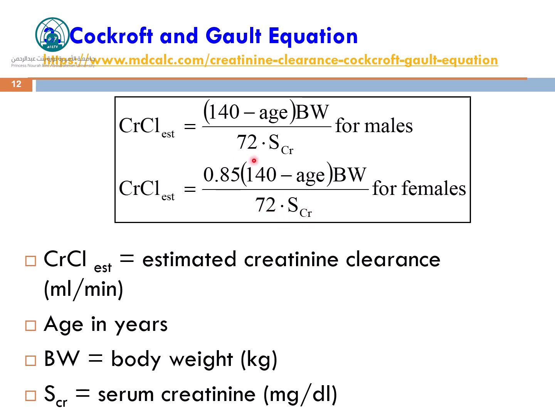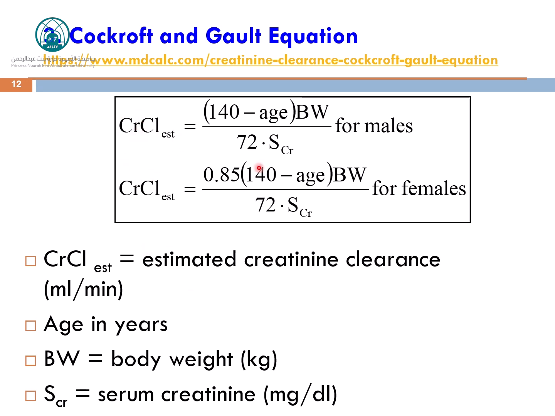Look at this, 0.85. So the estimated creatinine clearance for females is 85% of that of male. It's a 0.85 value, less than that for male. So here is the estimated creatinine clearance.